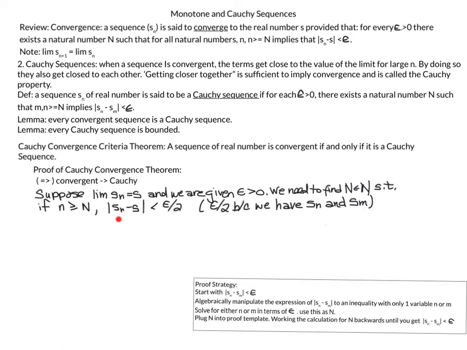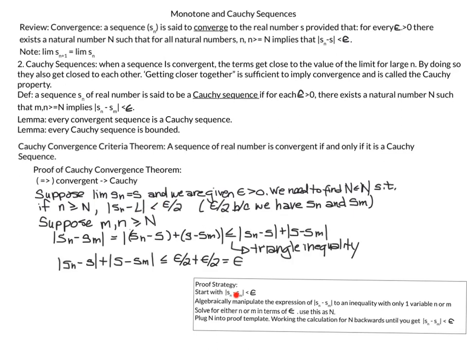For this example, since I don't have a formula for Sn, in other words, in our last example we said Sn is equal to n over n plus 1, I'm not going to follow that next step. What I'm going to do is look at Sn minus S, and set that less than epsilon over 2, because I'm going to do something similar for Sm, and when we add them together, the two epsilons over 2 are just going to keep us less than epsilon.